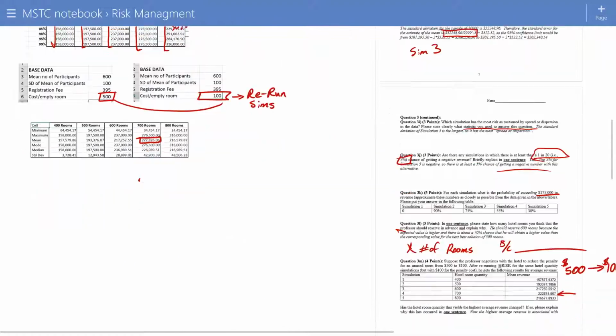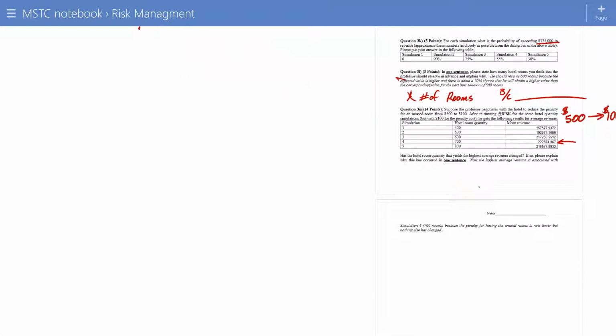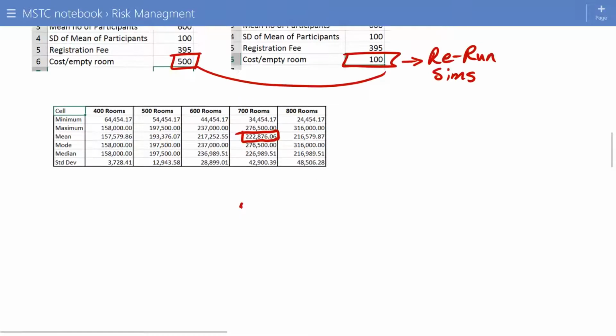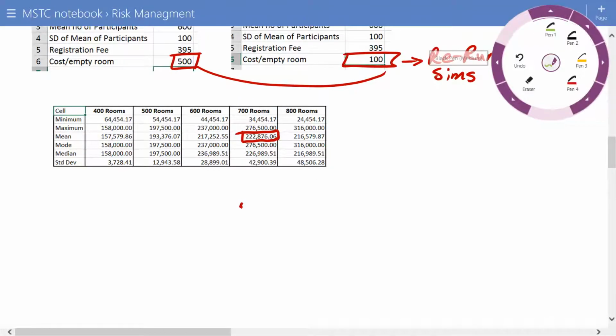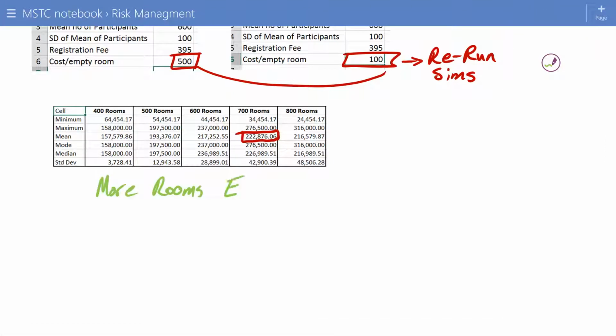And to explain a little more about the logic of what is exactly happening in here, because there are more rooms empty, but the penalty for that is lower.